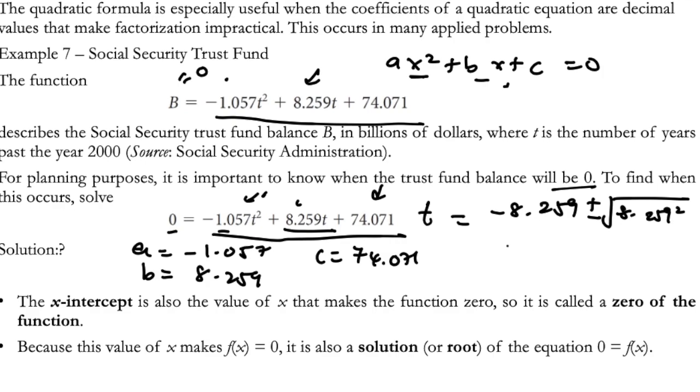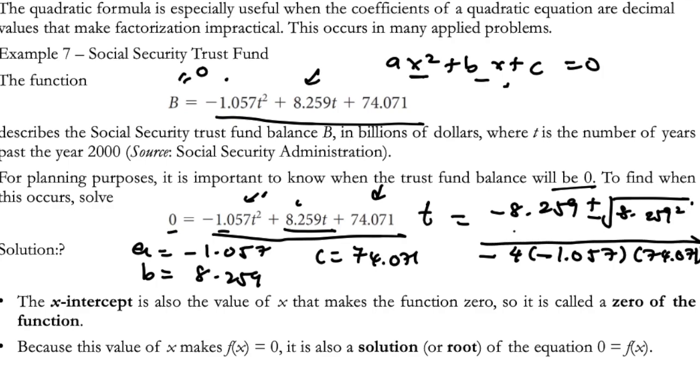Because I don't have enough space, I write it over here, minus 4 times minus 1.057, multiplied by 74.071. So the whole thing I continue here.